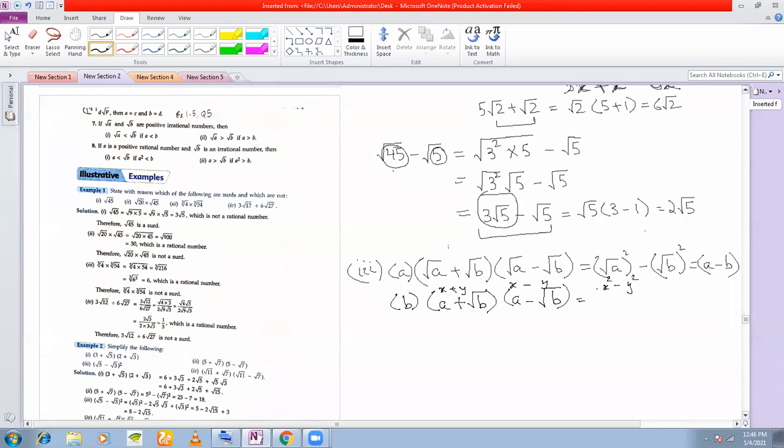But remember, in this multiplication, what is x? x here is a, so a square. But y here is root b. So therefore, when you multiply these two, you get a square minus b. Is that absolutely clear, the difference between these two?